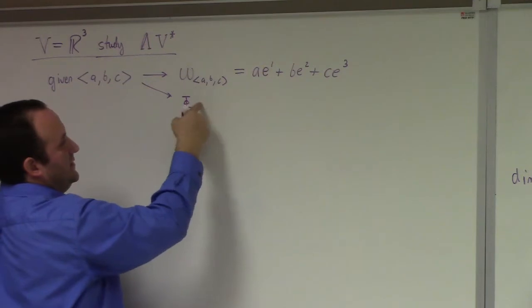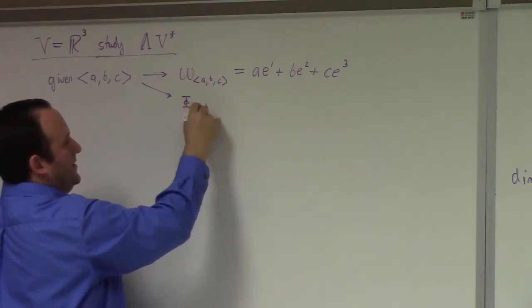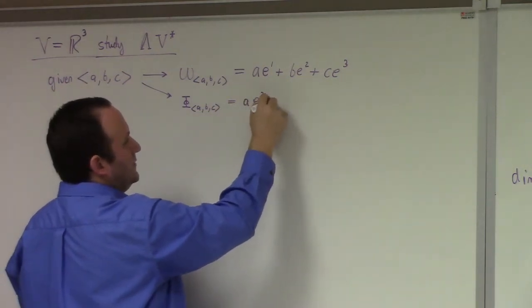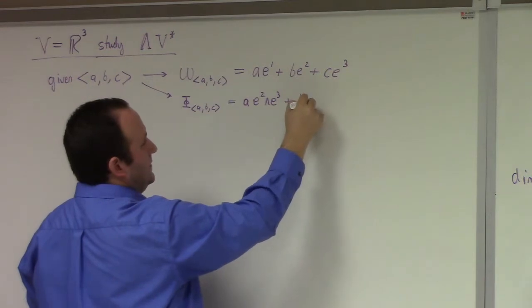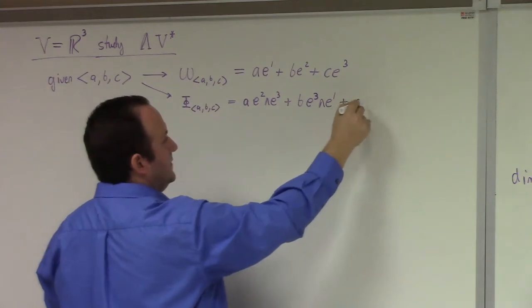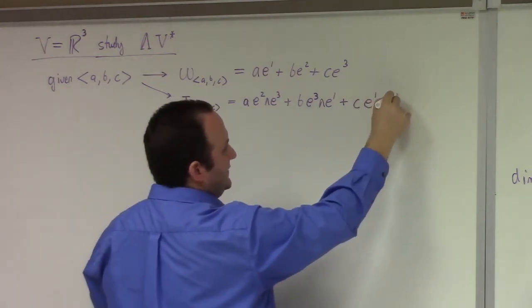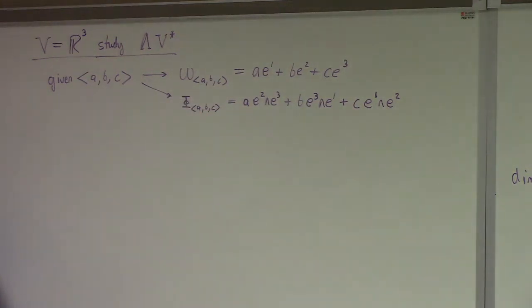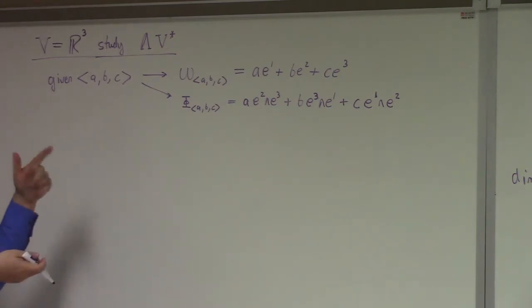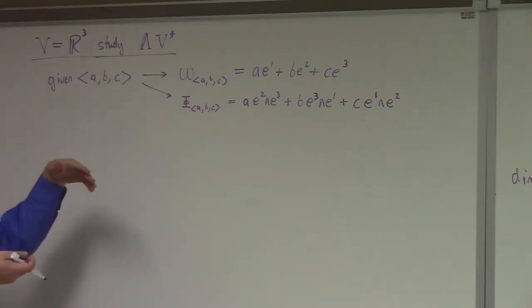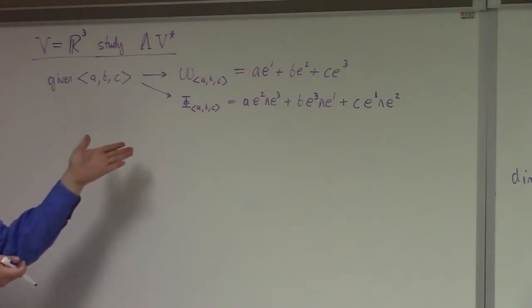The work form is the one above; the flux form mapping of ABC will be equal to A E2 wedge E3 plus B E3 wedge E1 plus C E1 wedge E2. Now, I realize that this is a violation of our typical choice of ordering, but it's a necessary one to make natural contact with vector calculus. So we can either associate to the vector a 1 form, or a 2 form, because they're both 3-dimensional objects.